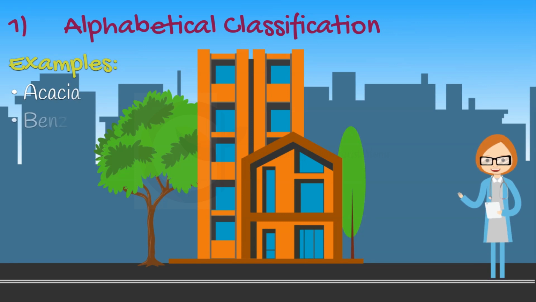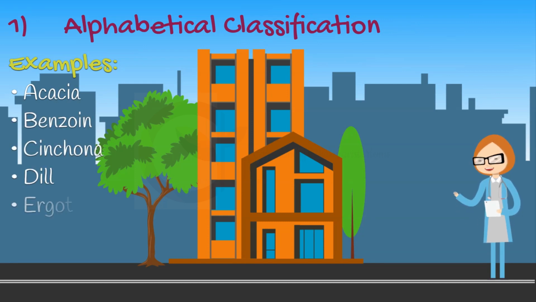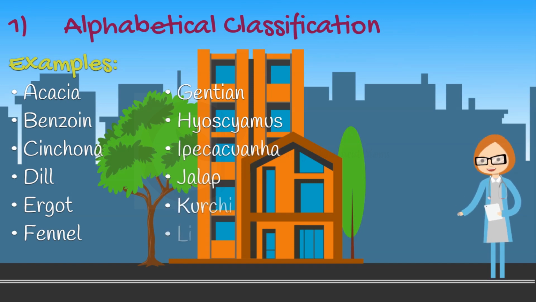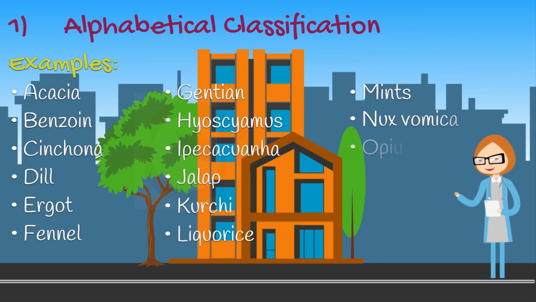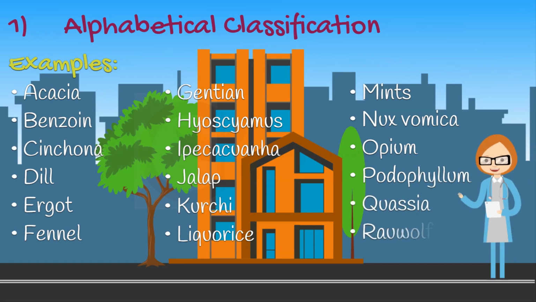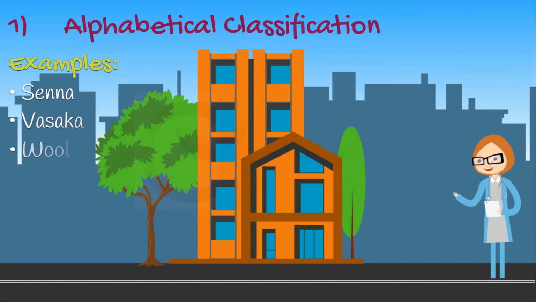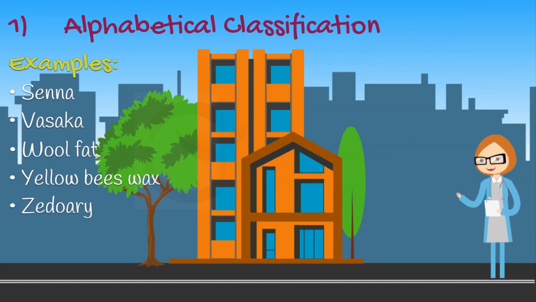Examples include acacia, benzoin, cinchona, dill, ergot, fennel, gentian, hyoscyamus, ipecacuanha, jalap, kirchi, licorice, mints, nux vomica, opium, podophyllum, quassia, rauwolfia, senna, basaka, wolfat, yellow beeswax, and zadori.